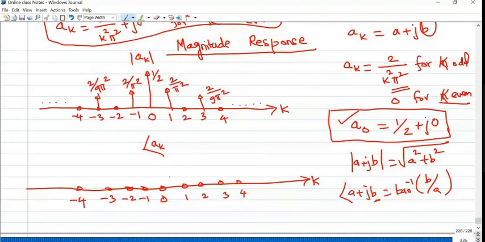But the phase angle will be reversed. So we'll see some other example. If for K equal to 1 you get positive pi by 2, then for K equal to minus 1, you will get minus pi by 2. That is asymmetric. Clear about this?